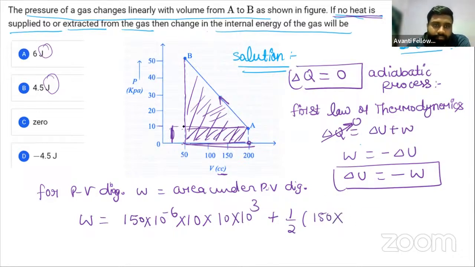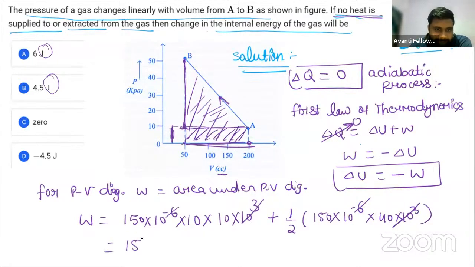Can anyone tell me what the height of this triangle is? The height of the triangle is from 10 to 50, which is equal to 40. Now you need to do the same thing here: convert this 150, because it is the volume, into cubic meters, and multiply with 40 kilopascal, which is 10 raised to the power 3. Now this 10 raised to the power 3 can cancel out the power of this. Same here.